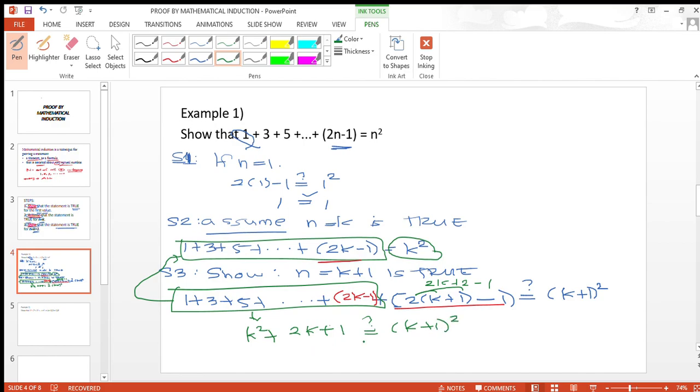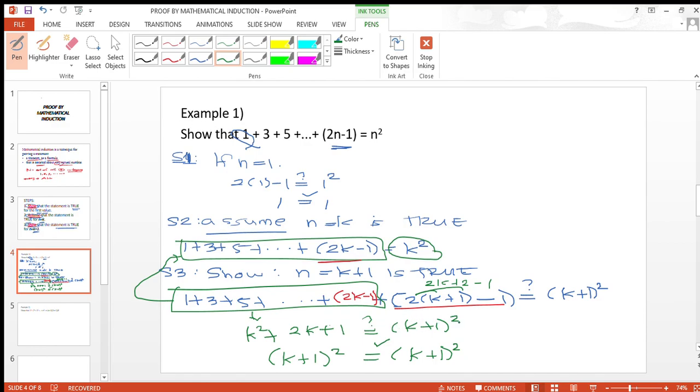So we want to show that they are equal. Look at the resulting expression. On the left side you have a trinomial, and this trinomial is actually a PST, a perfect square trinomial, which can be factored as k plus 1, the quantity squared. Which is exactly the same as the right side. Now, if you don't see this as a perfect square trinomial, another way is to expand this.